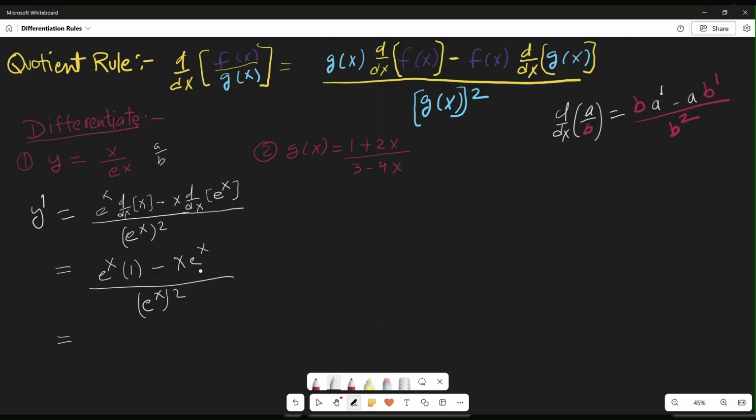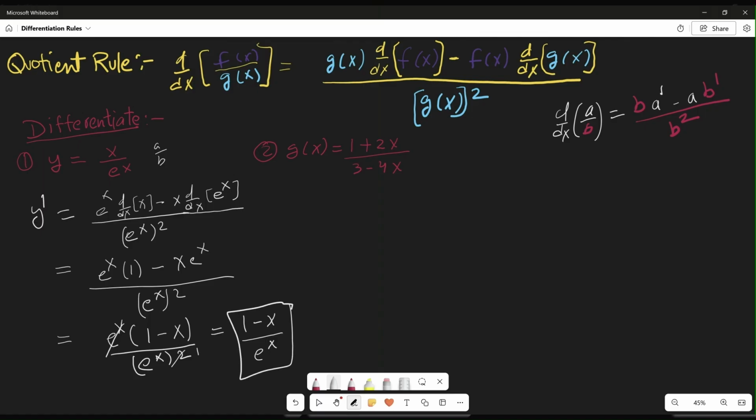It looks like e to the x is common here, so we take e to the x common, then 1 minus x over e to the x squared, and we can cancel one out, right? So what we are left with is 1 minus x over e to the x, and here is your answer.